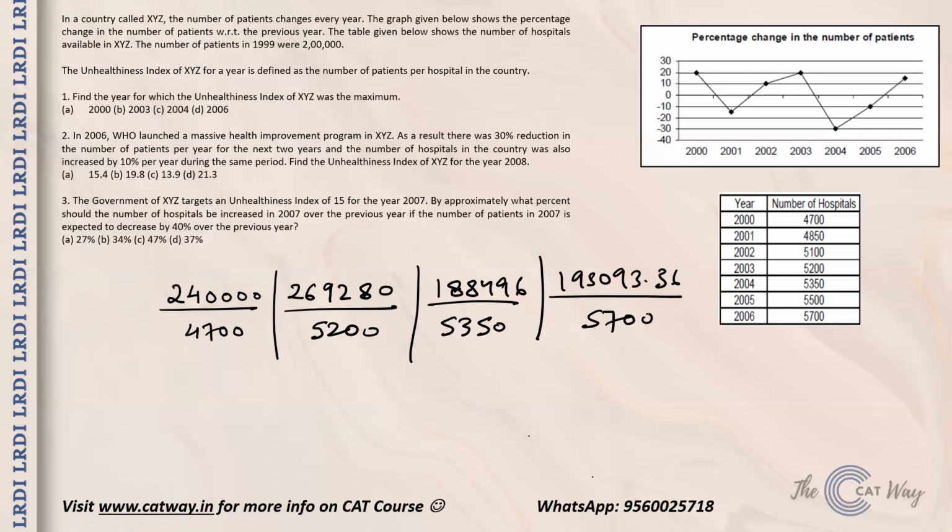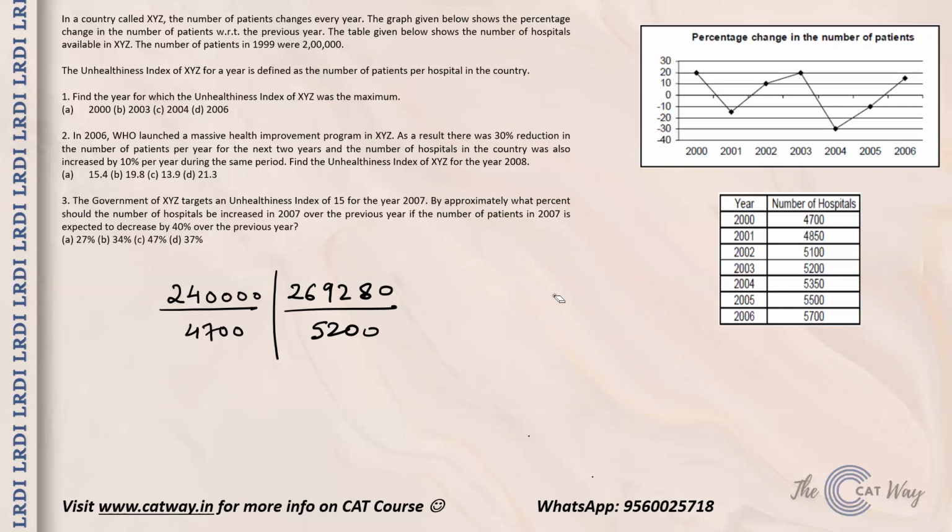Now the question asks for the maximum unhealthiness index. If you compare these two, the denominator has increased and the numerator has decreased, so definitely the value would have decreased. So 2004 can never be the right answer. The same is happening between these two: the numerator decreased and the denominator increased, so again the value is going to be less.